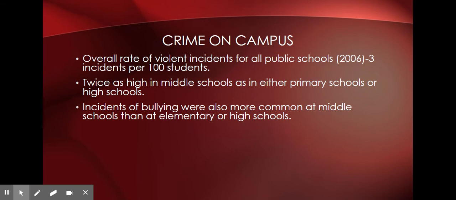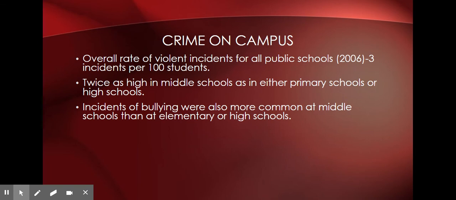It's a very, very difficult time for some people, and this biological change manifests itself in violent incidences and incidences of bullying. Okay, because like I said, these middle schoolers are trying to discover their place in the world. So that's why it's higher in middle schools than in elementary schools or high schools. Okay? Because you have these adolescent kids that are going through puberty and are trying to figure out exactly what is going on. And a lot of times they react in violent ways or in ways that are bullying.